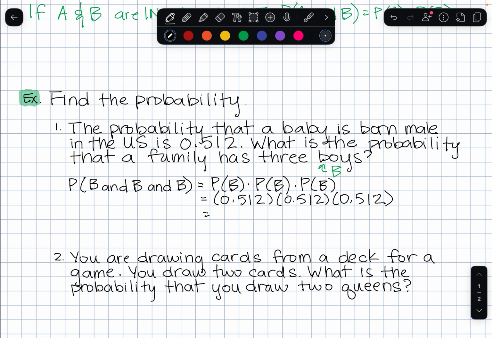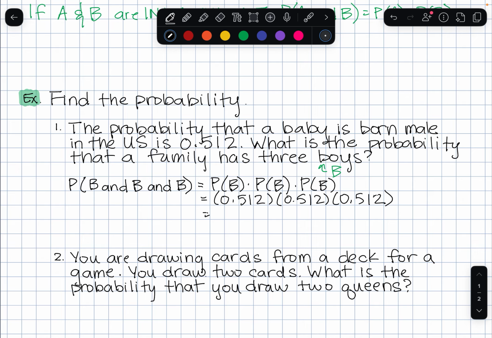So we grab our calculator, and you can do 0.512 times 0.512 times 0.512, or if you know how calculators work, your calculator should have an x to the y button, or if you're on a TI-84, it should have a caret button that will let you enter exponents on numbers. Since I have 3 of that 0.512, it's going to be to the 3rd power.